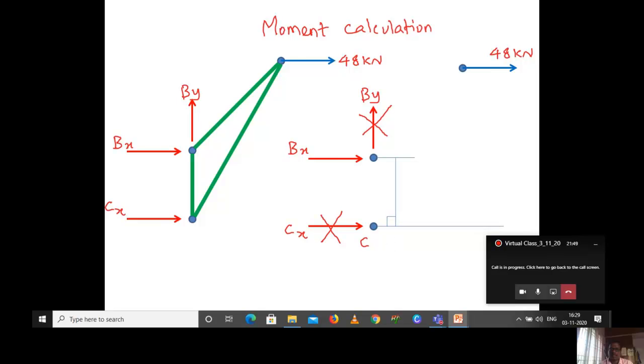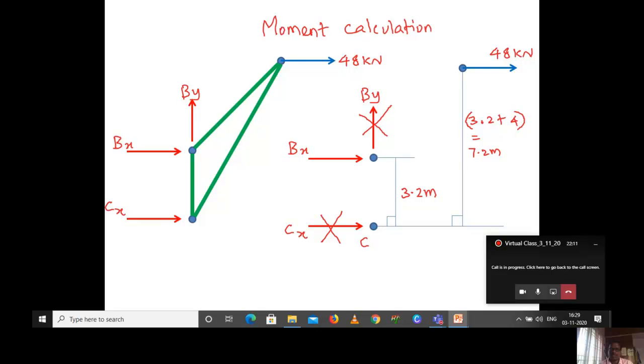Now I am calculating the perpendicular distance from C to B, that is Bx force, that is 3.2 meter given in the problem. Similarly, I am calculating the perpendicular distance from the C point to the 48 kilonewton, that is 3.2 meter plus 4 meter, totally 7.2 meter.